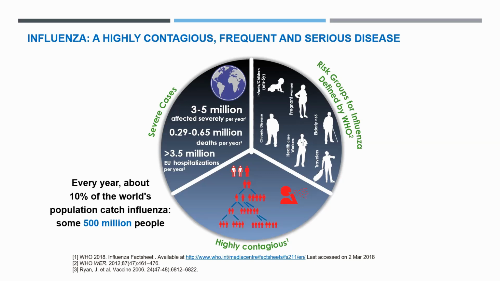And 3 to 5 million people actually had the more severe form of influenza. Between 20 to 30% of children worldwide catch influenza every year, and they are the main source of transmission.